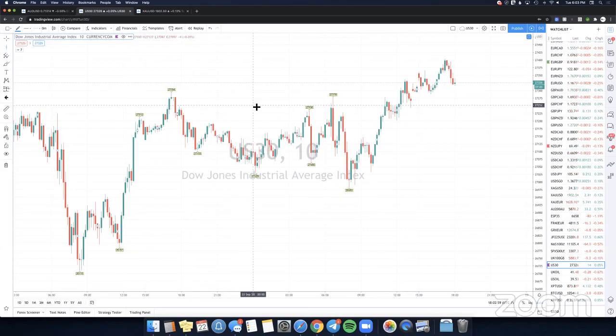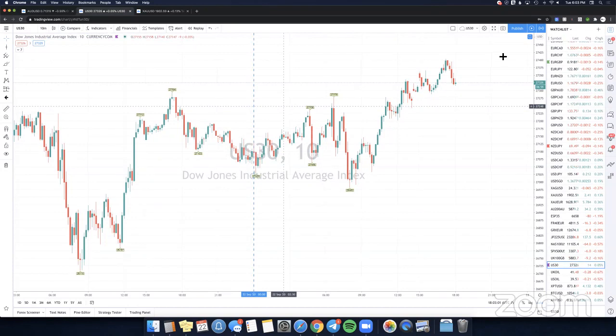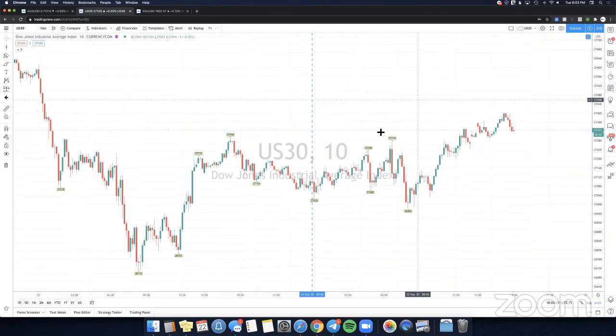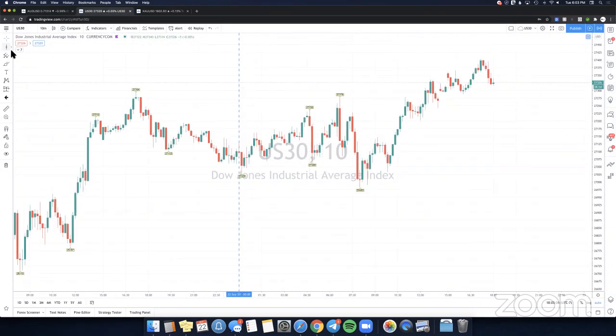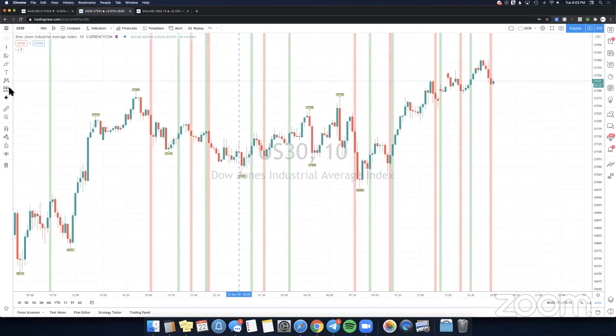So the way that the exit strategy works, like I mentioned earlier in the beginning of the webinar, there are multiple different exit strategies for you to use, and you just have to figure out which one fits your trading style. But if you want to trade exactly how I trade, this is what I do.